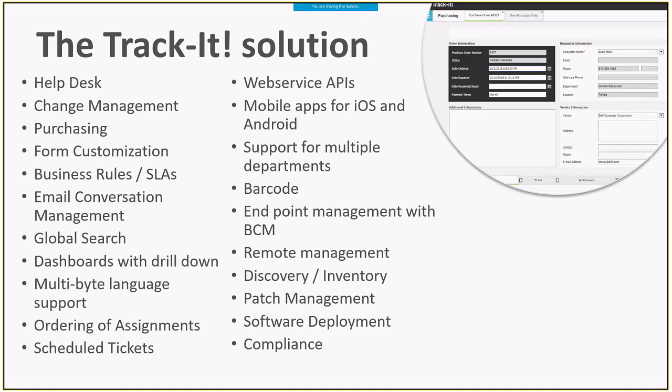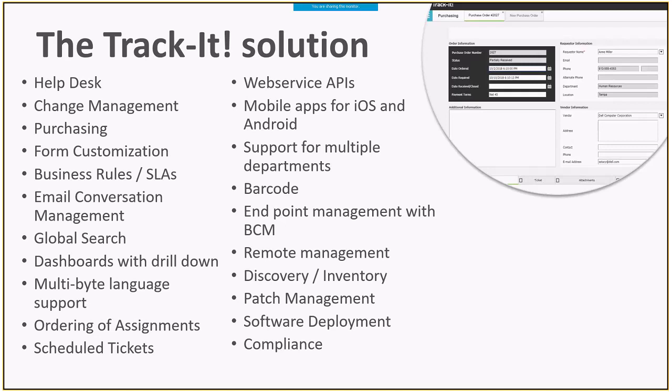Dashboards, multi-byte language support, think Asian languages. Ordering of assignments, that's specifically a change from the old version of Trackit. You could have assignments or child tickets, but they would not kick off in any certain order if you had a dozen of them on a ticket for a fairly complex process. They kicked off all at once. You can order those in a logical fashion in the new build.